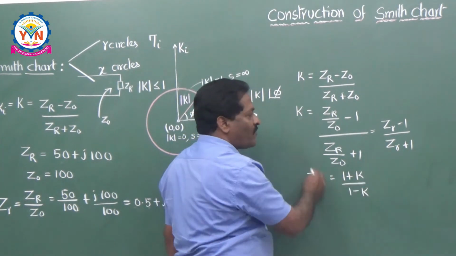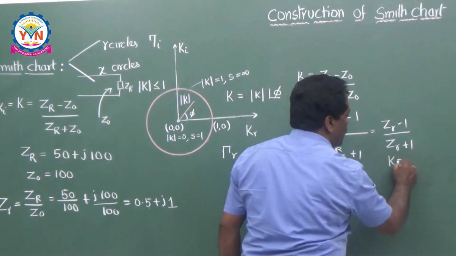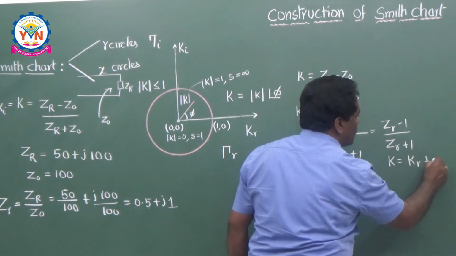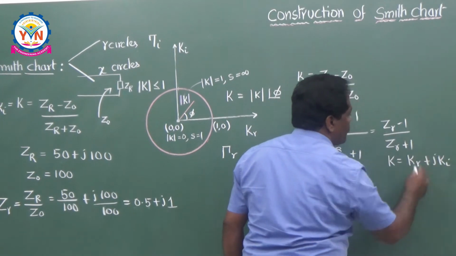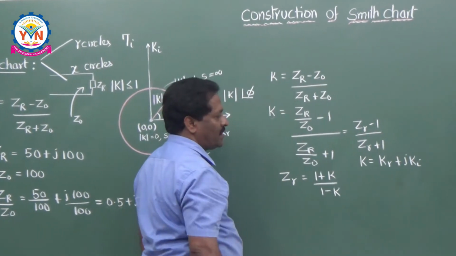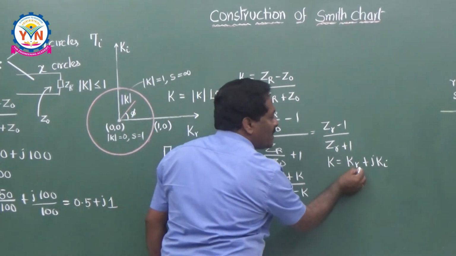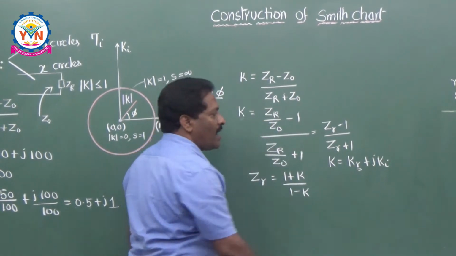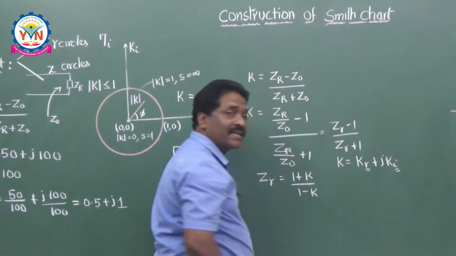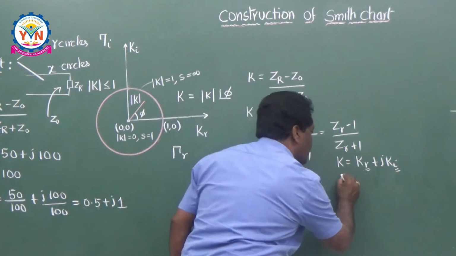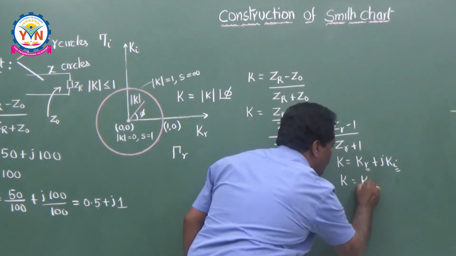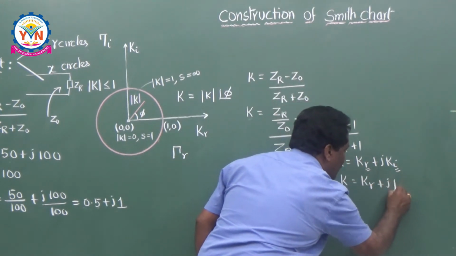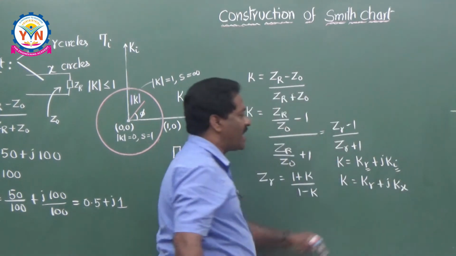So in the place of K, I can write K is equal to Kr plus j times Ki. So I can substitute here. This real part corresponds to the resistance circles, and this imaginary part corresponds to the X circles. That's why for the denotation I can say K is equal to Kr plus j times Kx, where X means reactance circles.